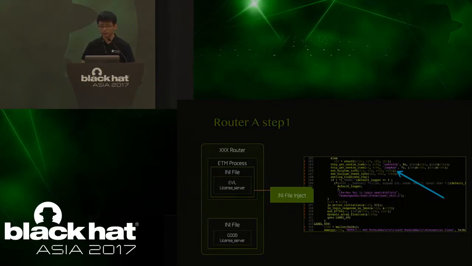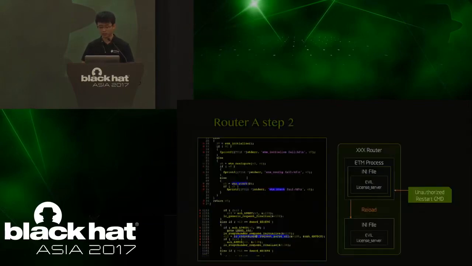However, we still cannot control the router so far. Remember this main function: we can see that the stack overflow is in ETM configure, but the injection method is in the ETM start function, which is behind the potential stack overflow function. So we need to inject the file and restart the router to trigger the program to execute from the beginning and trigger the stack overflow.